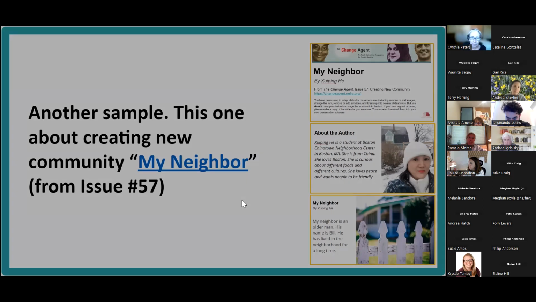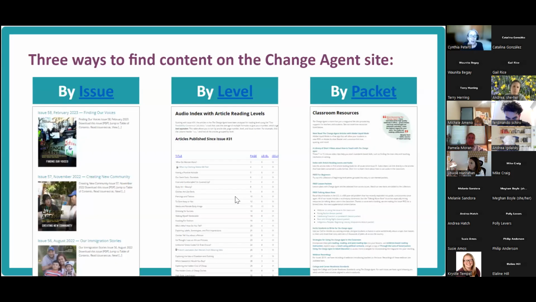Okay, so now back to how we have things organized on our website, because I want to leave you with both a global sense of the Change Agent resources and a more specific sense of the content that we have available. So I showed you the issues tab already, and you can go to the issues tab and find content by issue.